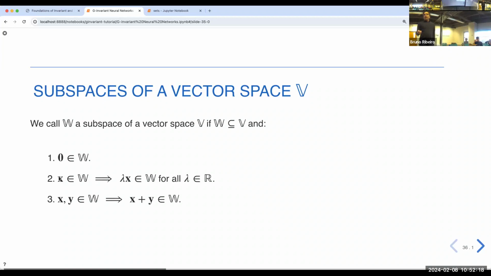For any element X in W, a scalar times this element is also in W. And if you have two elements X and Y in W, then X plus Y must also be in W, and that's all it means to be a subspace. If you satisfy these three properties, it's a subspace of this vector space.